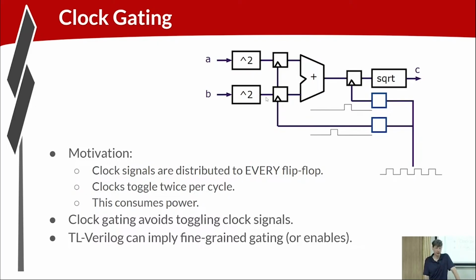If we don't need to transition data from one side of the flop to the other, there's no need for a clock edge. So what we do with clock gating is we cut off the clock pulses that we don't need. If we know we don't need the pulse, cut it off, and thereby save the power that's consumed by distributing the transition. So with the knowledge of validity, we have knowledge that enables us to apply the clock gating and avoid the power consumption.